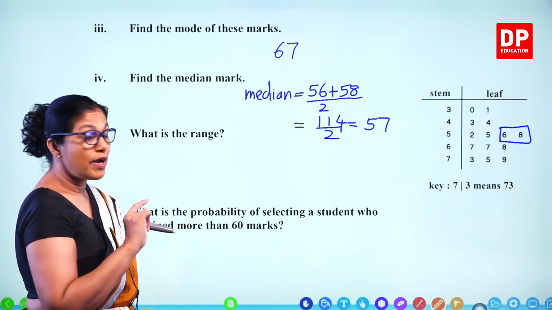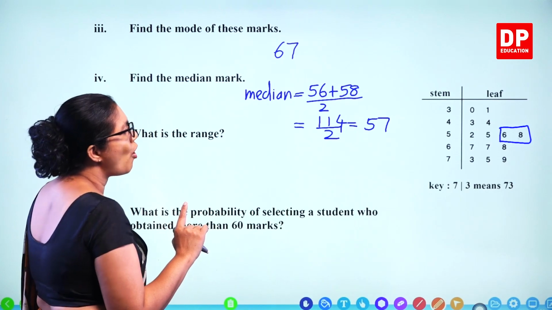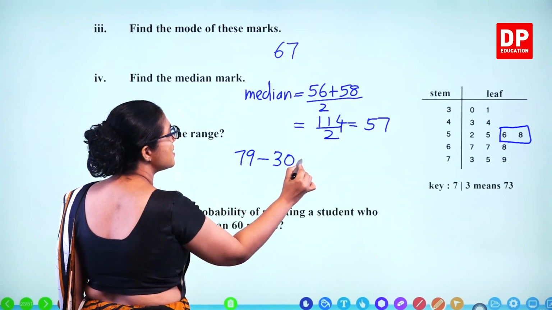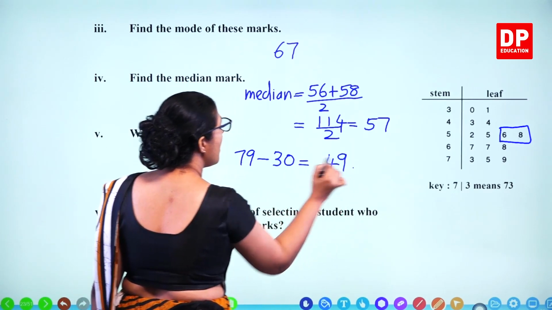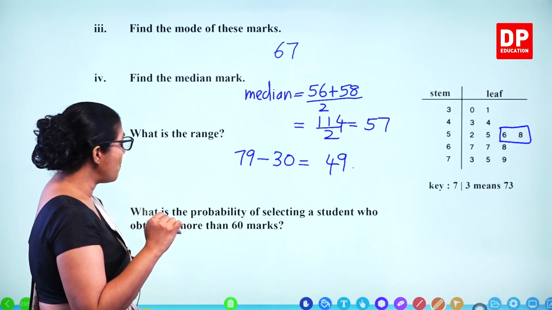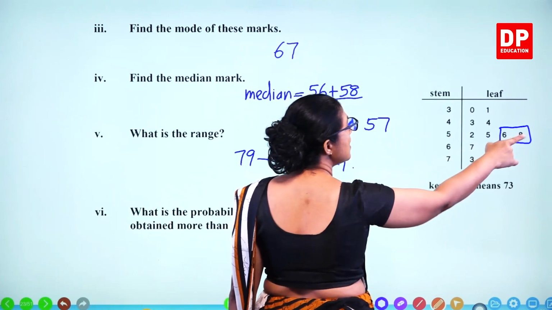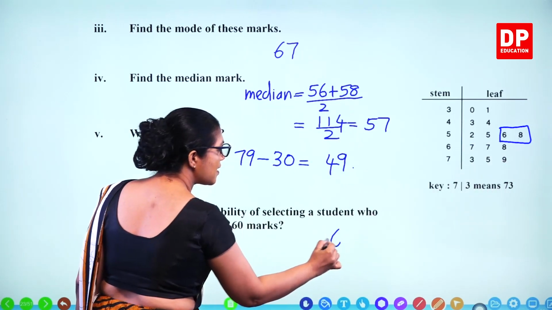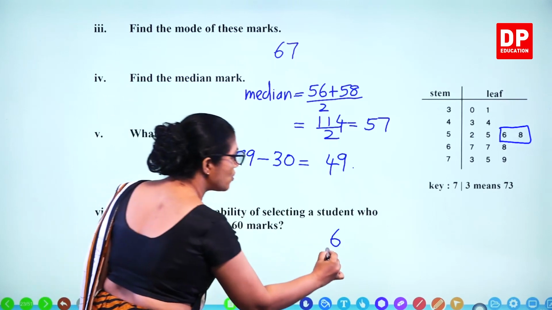What is the range? Range is the difference between the largest number and the smallest number. 79 is the largest, smallest one is 30. 79 minus 30, that's 49. What is the probability of selecting a student who obtained more than 60 marks? So here this is 58. More than means 1, 2, 3, 4, 5, 6. 6 students got more than 60 marks out of 14.